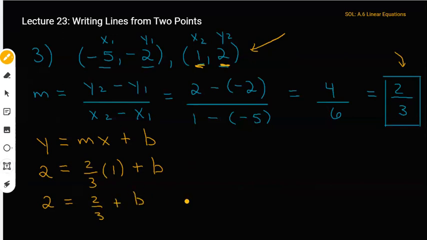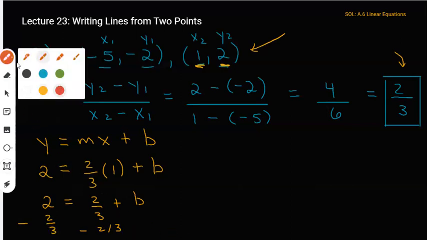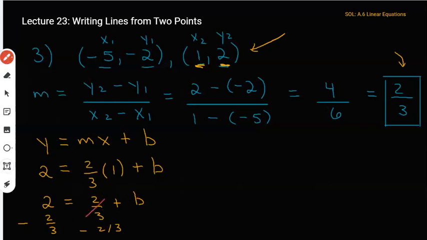And now to get b by itself, I'm going to have to subtract 2/3 from both sides. So I'm going to subtract 2/3 on this side, but I'm also going to subtract 2/3 on this side. So what happens here is the 2/3 are going to cancel each other out. I'm left with a b on the right-hand side. On the left side, I have 2 minus 2/3. I could do this on a calculator.